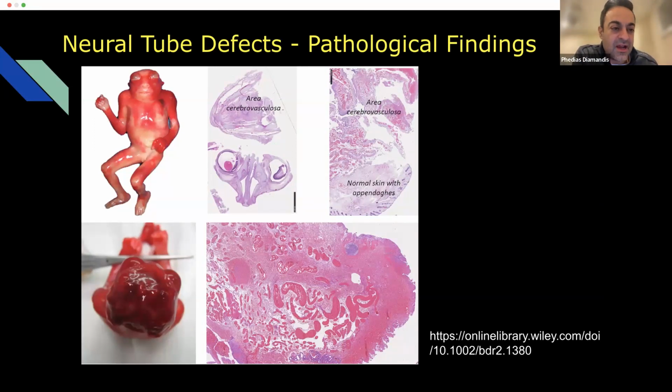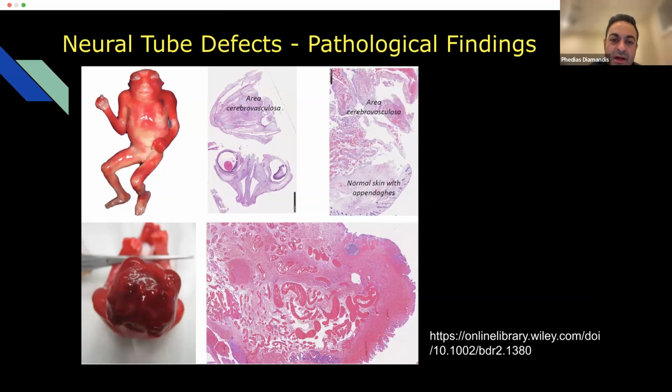On the left side of the image, we see a fetus from the front with protruding eyes from the malformed orbits, but the facial structures seem to be okay, and the presence of the eyes suggests that there may be normal prosencephalic development early on. From the top view, you can see that vascularized tissue without the skull formation. This is anencephaly. This is the area cerebrovasculosa, and then you have these microscopic images.